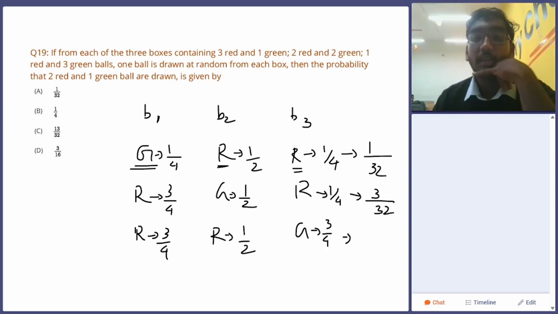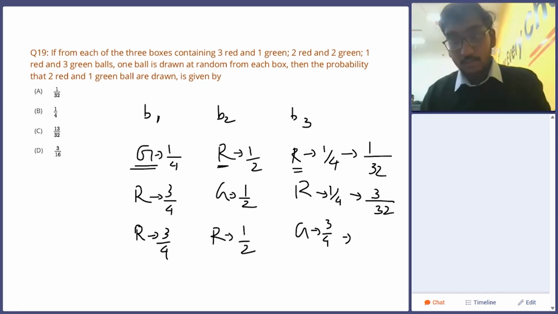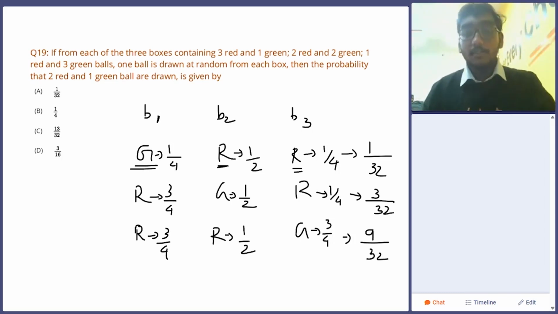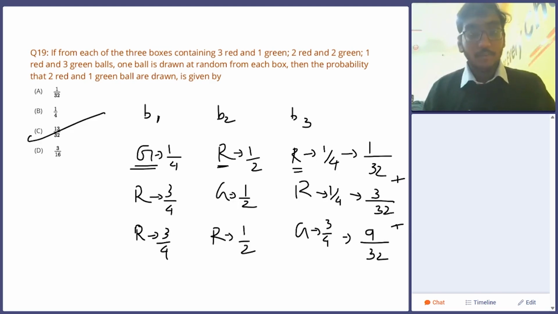So what is the probability of getting such an arrangement of red being drawn from the first box, red being drawn from the second box, and green being drawn from the third box? It will be 9 upon 32, okay? Right, we have to add all these 3 cases. What we will be getting after adding all these 3? We'll be ending up with 13 upon 32, okay? That is the answer.